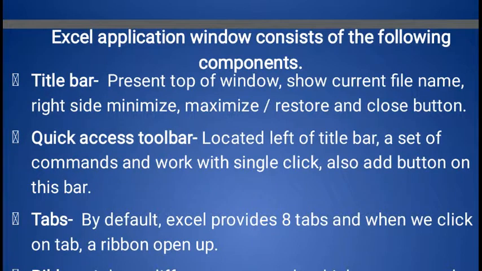The next thing is the quick access toolbar. It is a very short strip located left of the title bar, with a set of commands that work with a single click, and we can also add a new button on this bar.